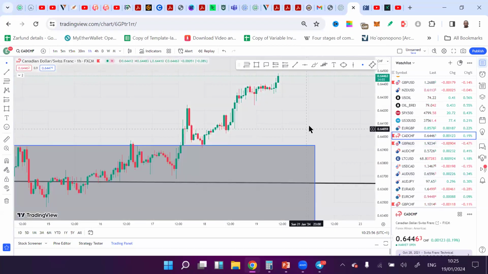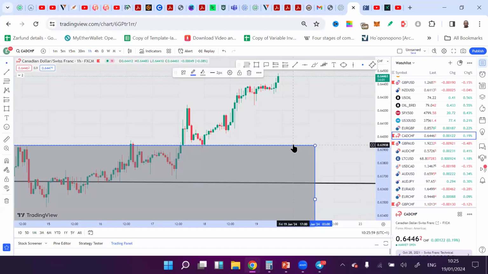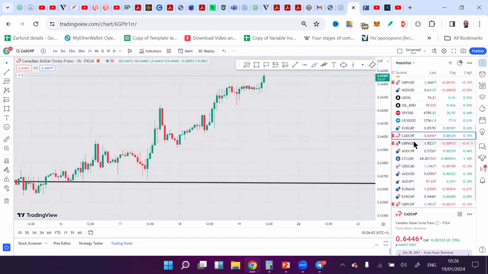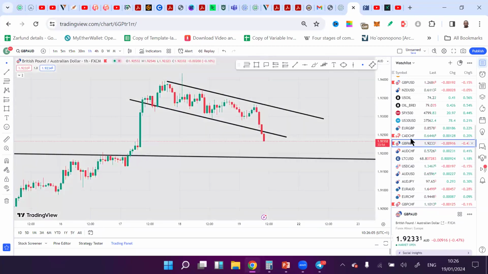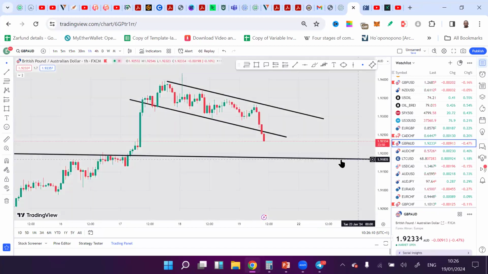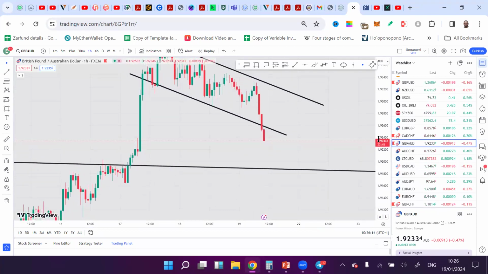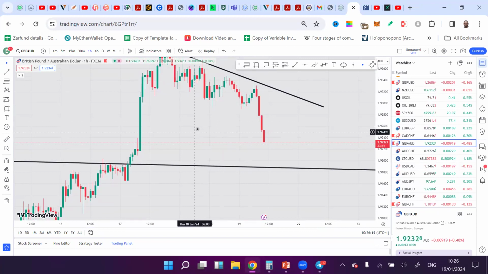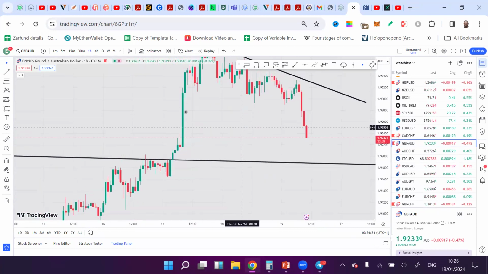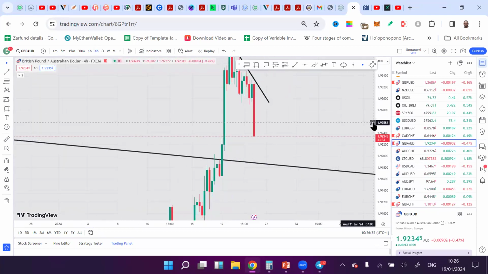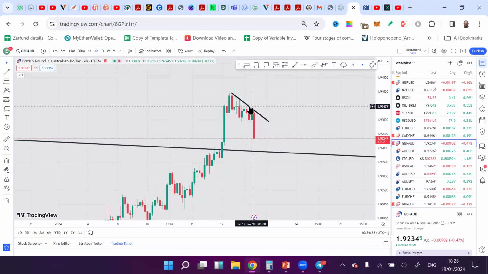So let's see. CAD CHF has just been on an upward trajectory. GBP AUD has been selling so crazily this morning. Okay, let's look at this and see where it is going. Is it changing direction? Is it telling us to still buy?